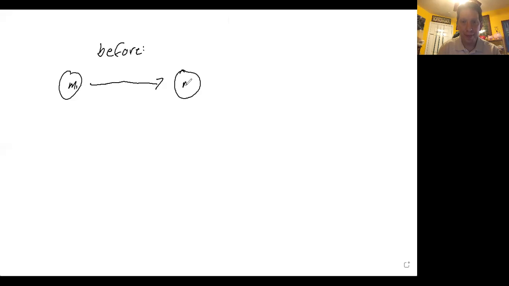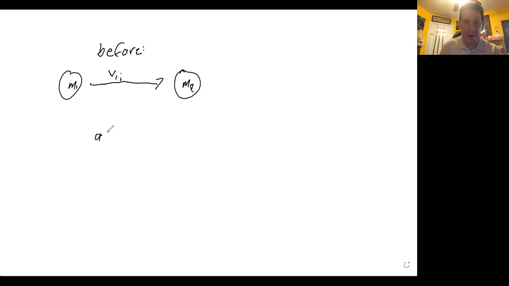So basically, you have a pool ball with mass m. This is before. It hits another pool ball with mass m. We'll call it m1 and m2, but we know that m1 and m2 are equal to each other. And so this is v1i.